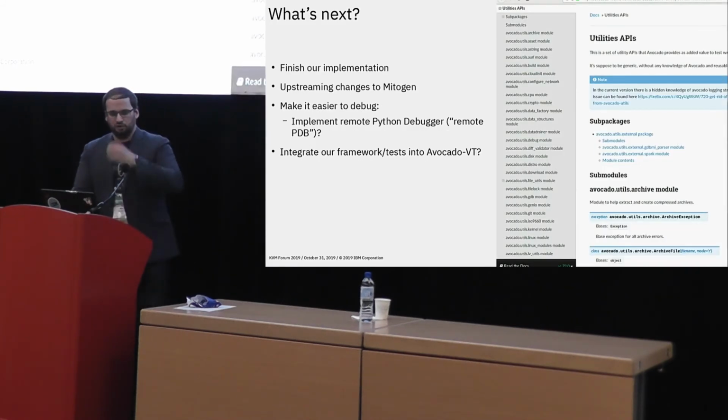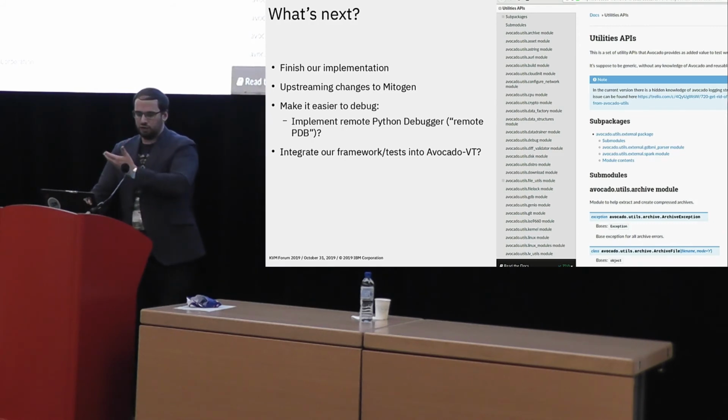First, we have to finish our implementation, upstream changes to Matryoshkas, and make it easier to debug, implementing a remote Python debugger, for example. That should be possible. And maybe we could integrate our framework tests into Avocado VT. Because as you can see on the right side, Avocado VT has a huge utilities API that we can simply reuse with this new approach.